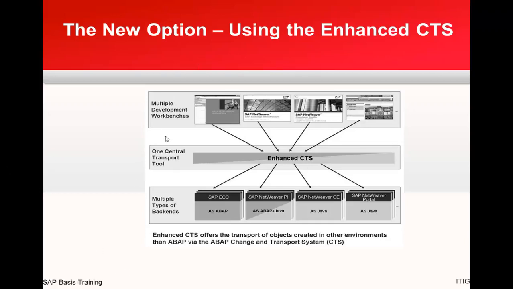So we get an enhanced CTS, one central transport tool for transporting all Java and ABAP objects. For ECC and for ABAP plus Java you can use the same transport tool. For CE, that is composite environment, you can use the same tool, and for the portal you can use the same tool.